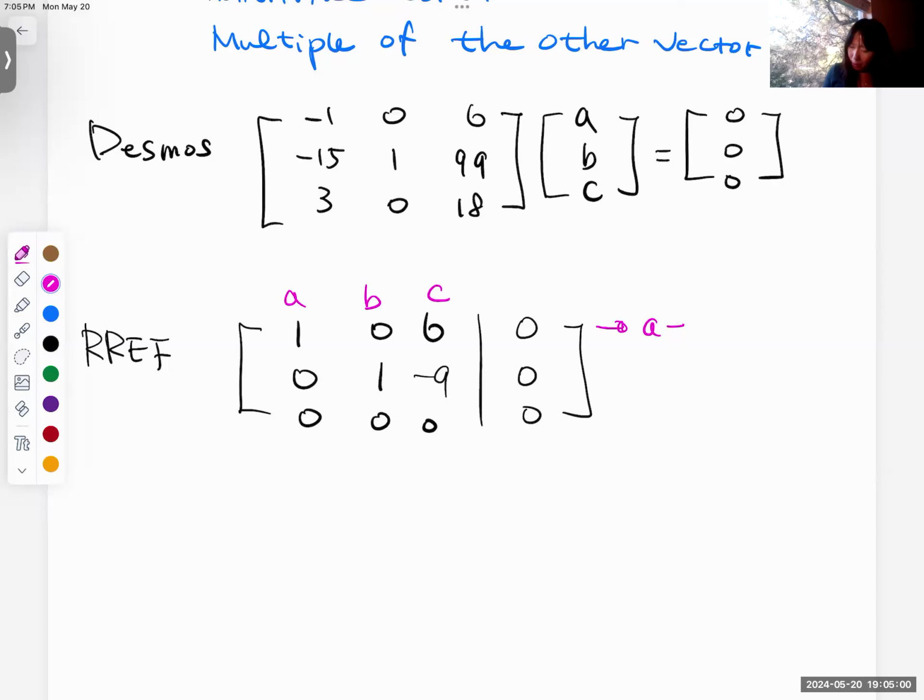So A plus 6C equal to 0. B minus 9C equal to 0. 0 equal to 0, which is a true statement, right? So which one is the free variable? A, B, C. Which one is the free variable? C. Thank you.